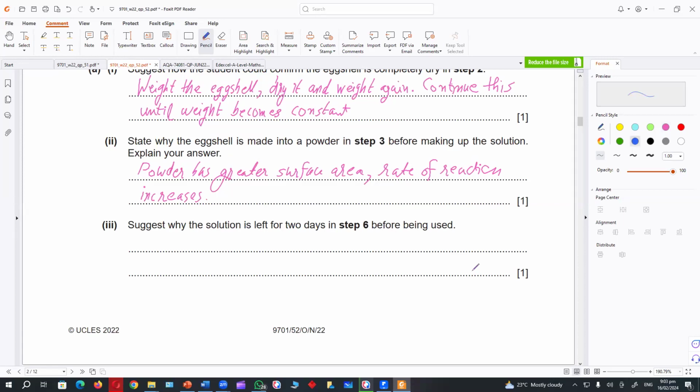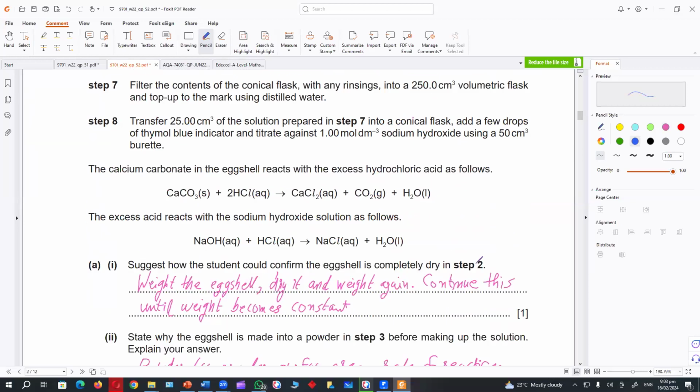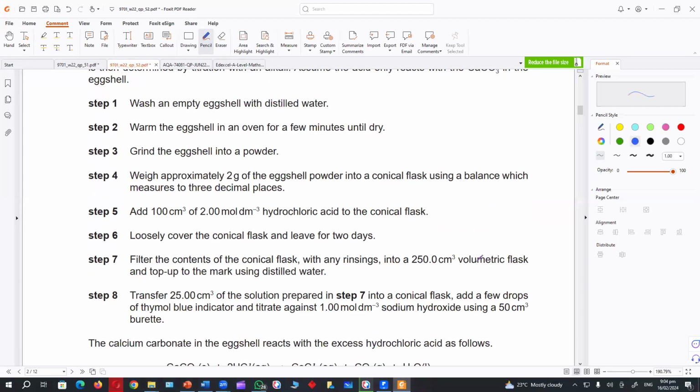Suggest why the solution is left for 2 days in step 6 before being used. Do you think it's a slow reaction? When you're giving so much time, it means the activation energy of the reaction is very high, and the reaction will take a good amount of time to complete.